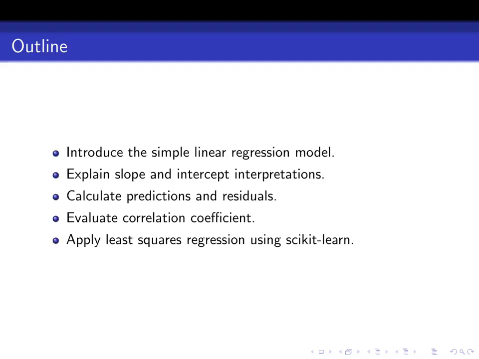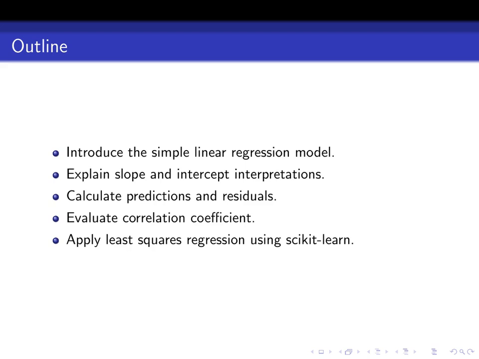First, let's look at the outline for this session. We'll start by introducing the concept of simple linear regression and its mathematical model. Then, we'll explain the meaning and importance of the slope and intercept in the model. Next, we'll move on to calculating predictions and residuals to evaluate model performance.